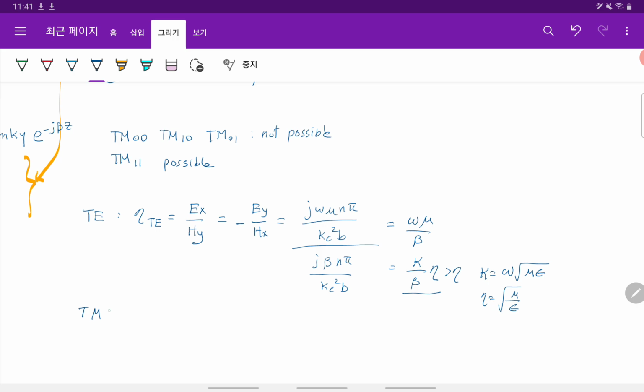For the TM case, eta TM is also the same.